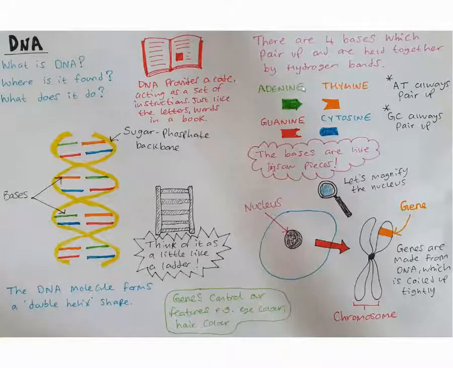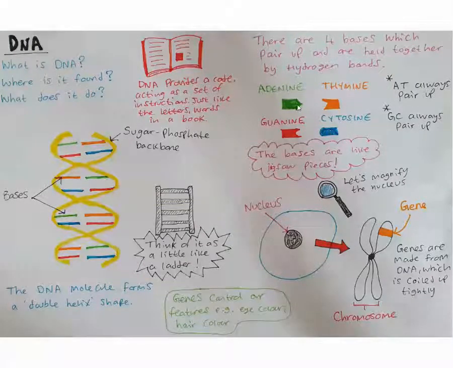Now the base adenine and the base thymine, they pair up, so they're complementary to each other. And guanine and cytosine, they pair up as well. Now think of it a little bit like a jigsaw, where adenine has a specific shape that binds and connects with thymine, and guanine has a specific shape that then binds with cytosine.